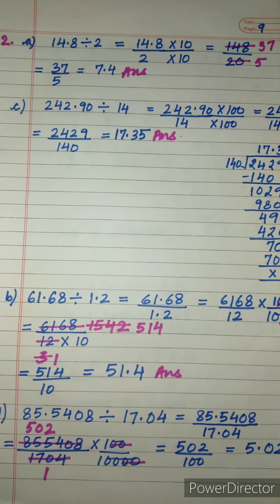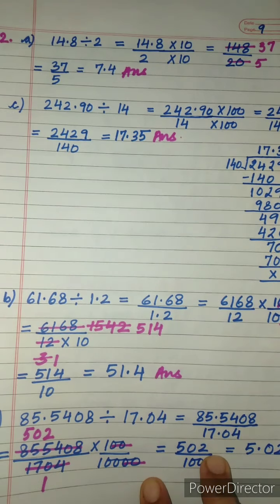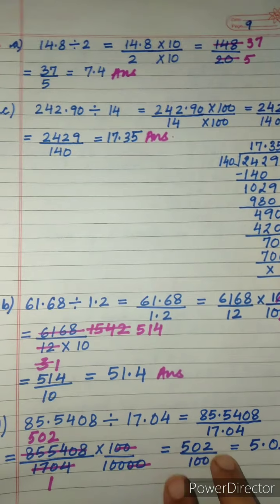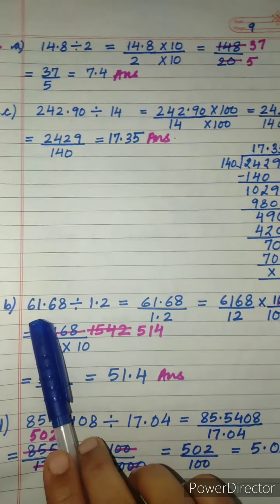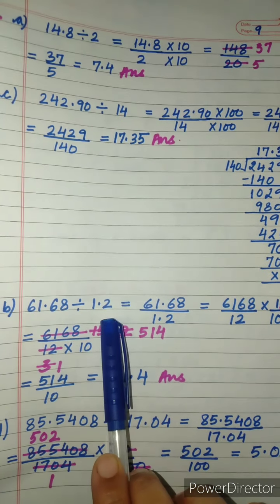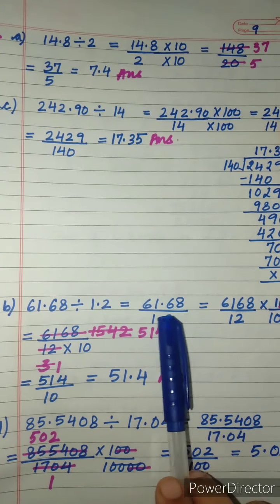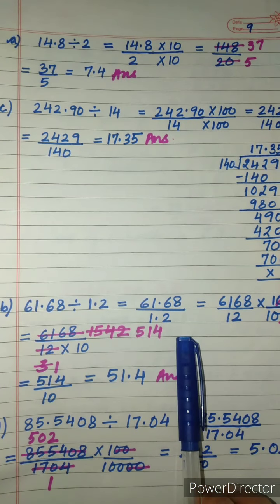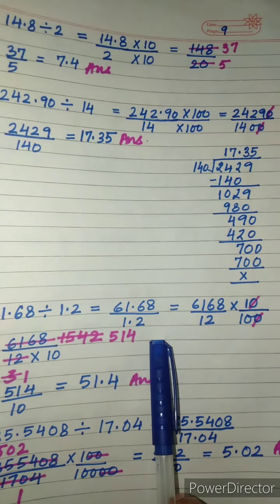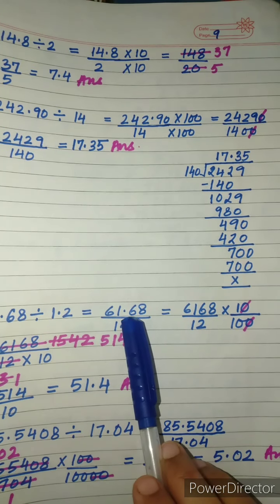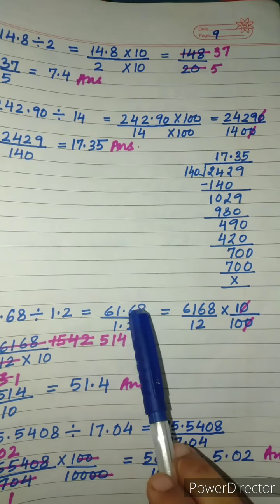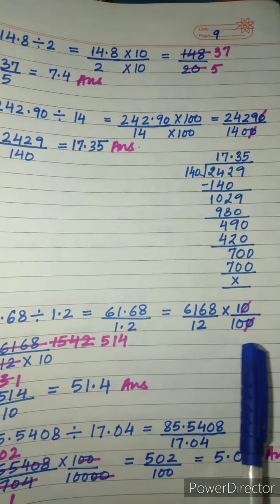Now question number 3, 61.68 divided by 1.2. That is, we are dividing the decimal number by the decimal number only. So we have written 61.68 upon 1.2. Now what we are doing, we are removing these decimal places. So when we remove this decimal place, what will happen?